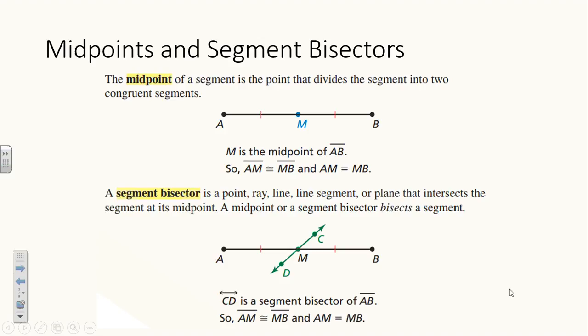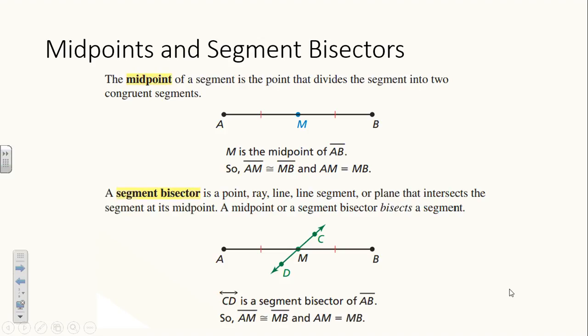All right, then the second piece, and this is our symbolism: the segments are congruent, so the distance between A and M is equal to the distance between M and B. The next thing is the segment bisector.